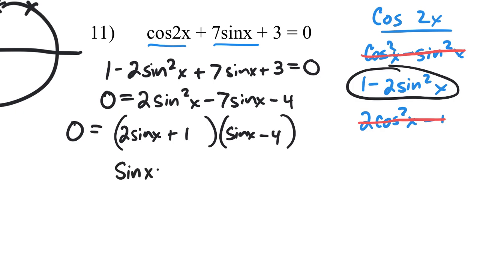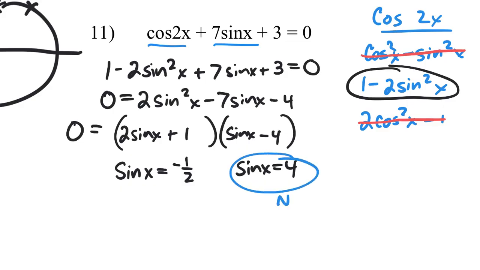We need to figure out where sine of x equals negative 1/2 and where sine of x equals 4. If that sounds a little fishy to you, this factor will not create a solution. Sine of x can't equal 4, so there are no answers that come from that factor.